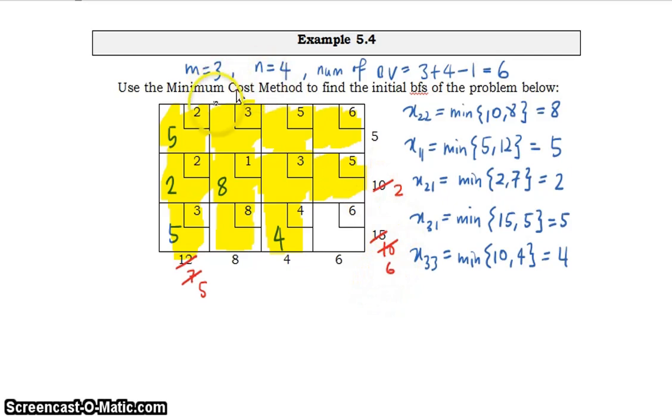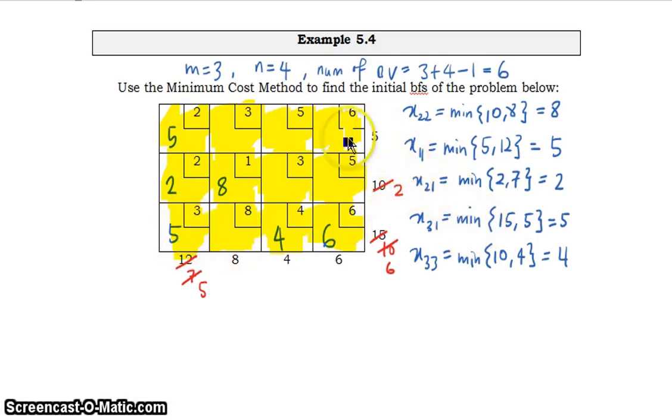For the last cell, make sure the value of Si and Dj is equal. Here S3 is 6 and D is 6, which means we have a balanced transportation problem. The value of this cell is 6, and we cross out either column or row.